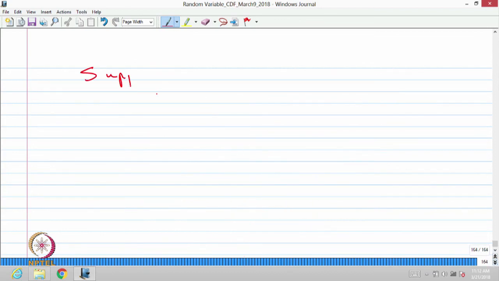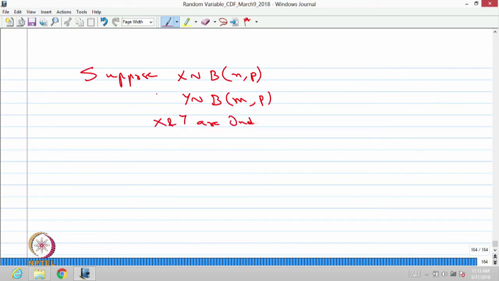Suppose x is binomial distributed with n comma p and y is binomial distributed with some other parameter m comma p, and again I am making the assumption both the random variables are independent. Then also you will get a binomial distribution with the parameters n plus m comma p.